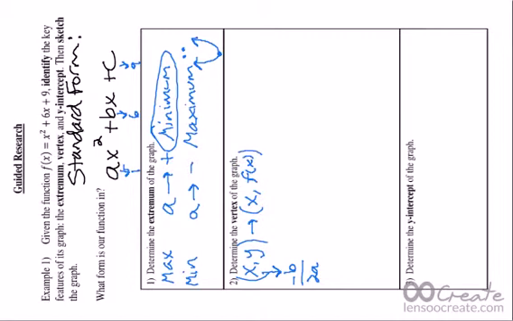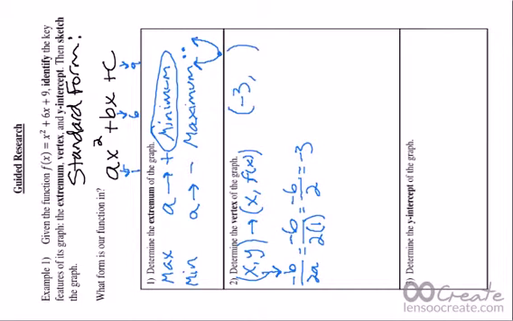Alright, so we'll figure out our x using this formula, and then our number we're going to plug in for x, and that will give us our y. So in this case, we got negative b, so we identified b as 6, so negative 6 divided by 2 times a, and a was 1 in this case, which is going to be negative 6 divided by 2, which means negative 3. So we know that one piece of our vertex is going to be negative 3.